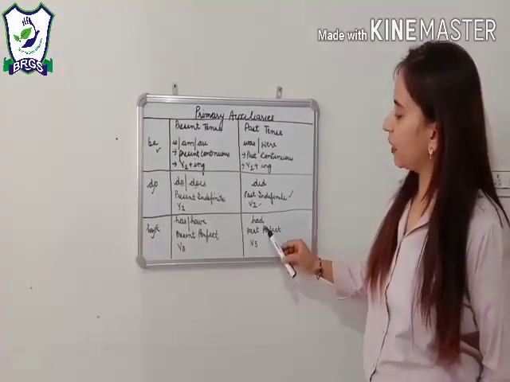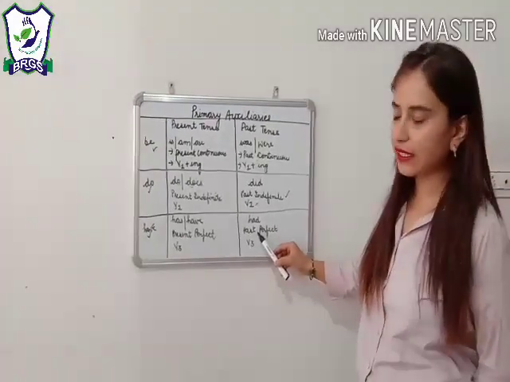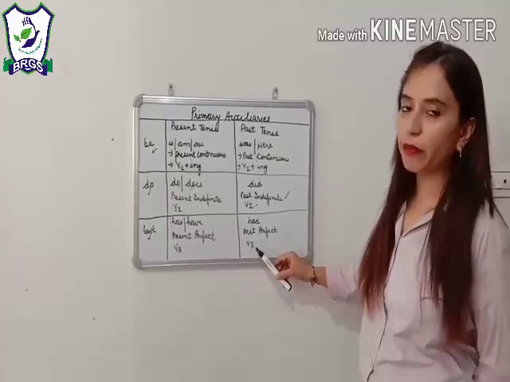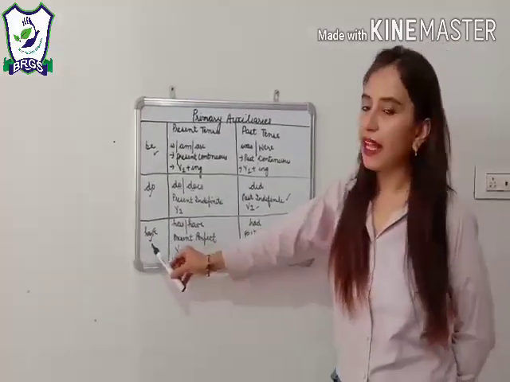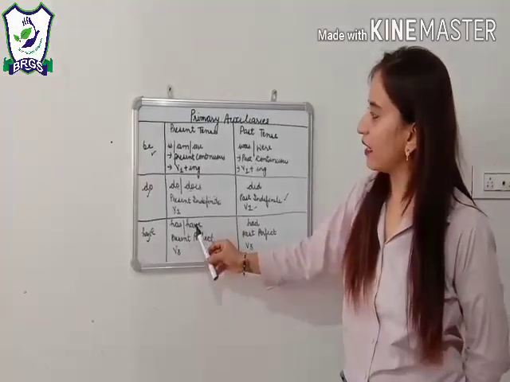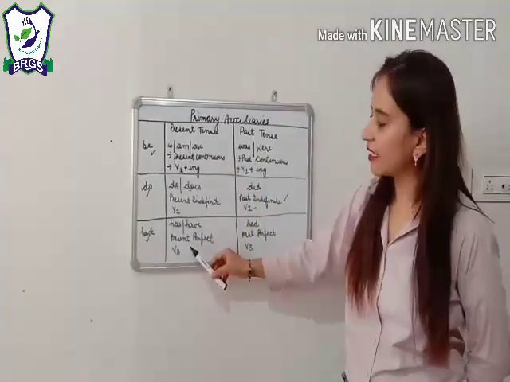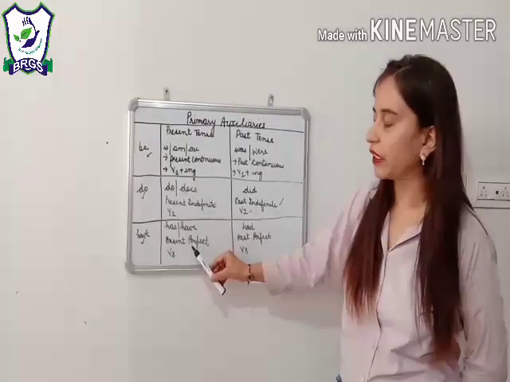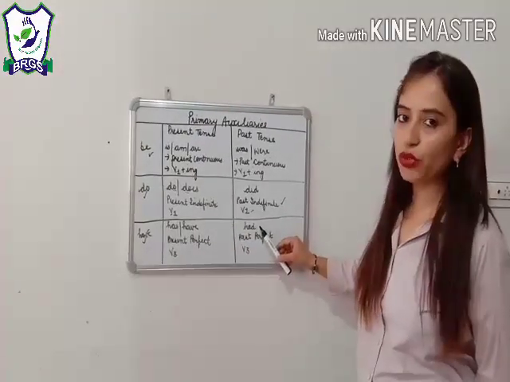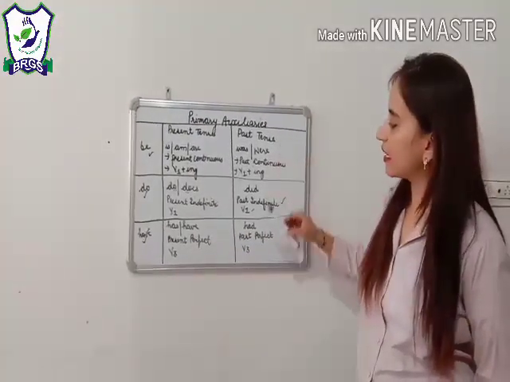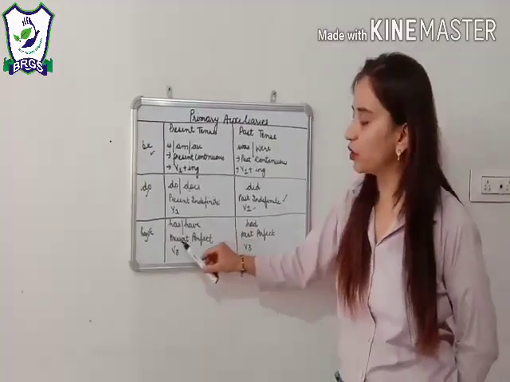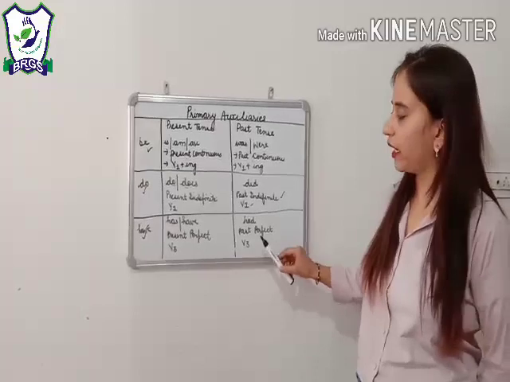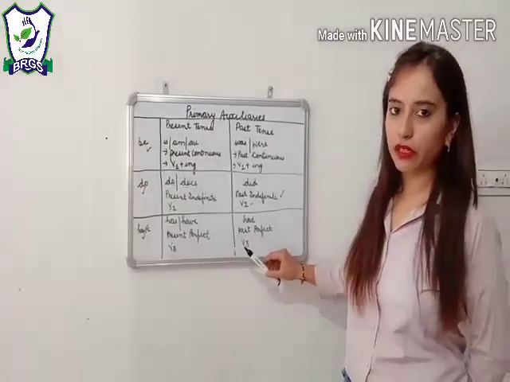So it is the helping verb of past perfect tense and it is always followed by the third form of the verb. Understood? Both are followed by the third form of verb.